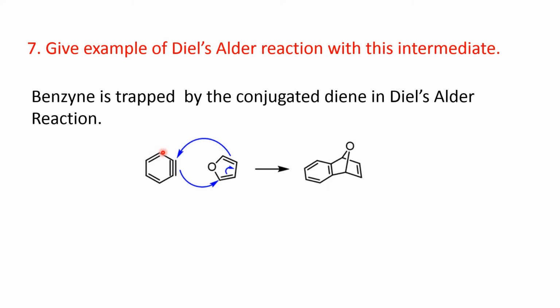Now, here with the benzyne mechanism, when this conjugated diene is added to the medium, then this product is isolated. That means the benzyne intermediate is trapped by this conjugated diene.